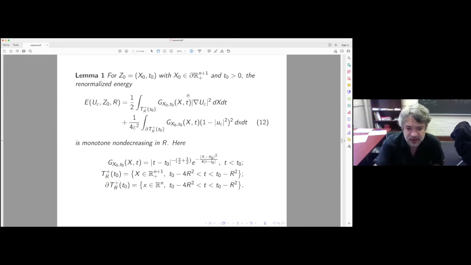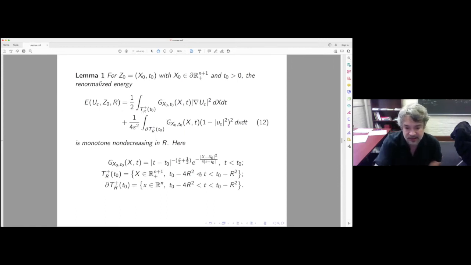If you take the backward heat kernel, then you multiply that by the terms appearing in your energy, this energy at level epsilon is monotone non-decreasing in the radius of the parabolic cylinder.